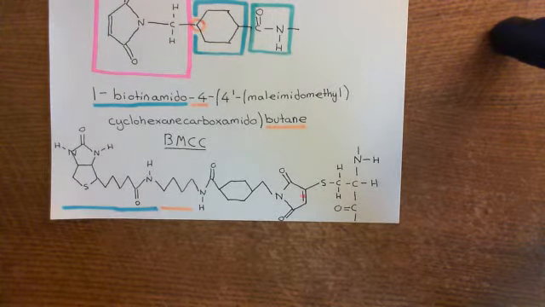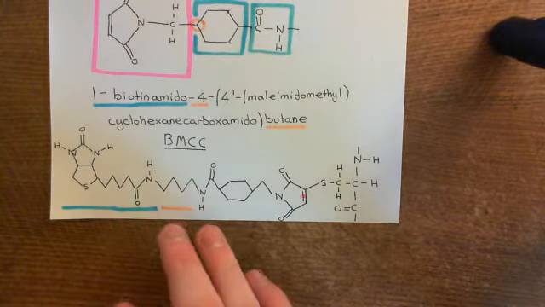And this will bind to any free cysteine residues. Now, in the control, there should be no free cysteine residues because they should all be bound to N-ethylmaleimide or palmitoyl groups. But in the one which has been exposed to hydroxylamine, there will be free cysteine residues, which are those that have now been vacated by the palmitoyl groups, and to those cysteine residues this molecule will bind.